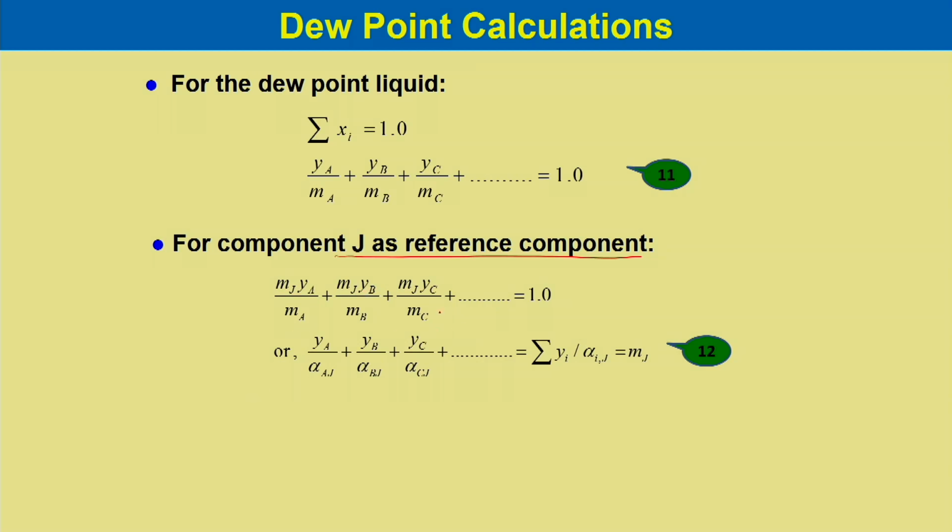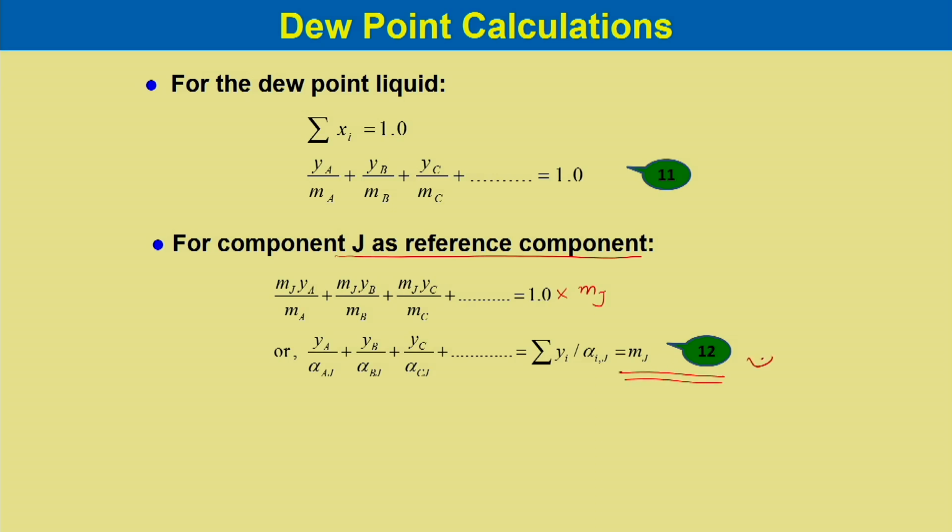So, here we can write yA divided by alpha Aj plus yB by alpha Bj plus yC by alpha Cj and so on, which would be equal to summation over yi by alpha ij would be equal to mj.